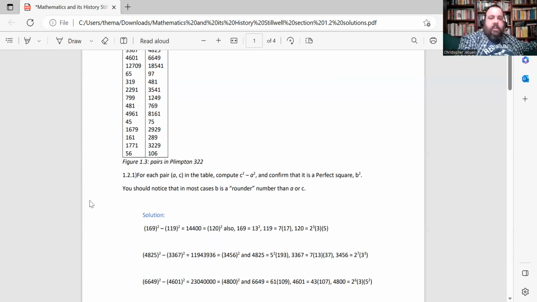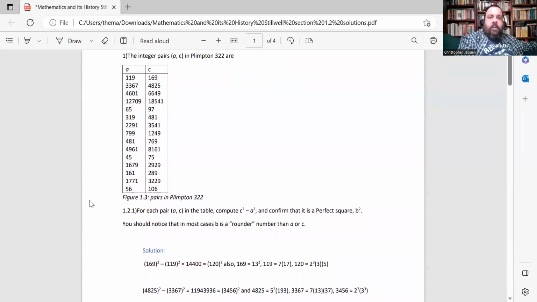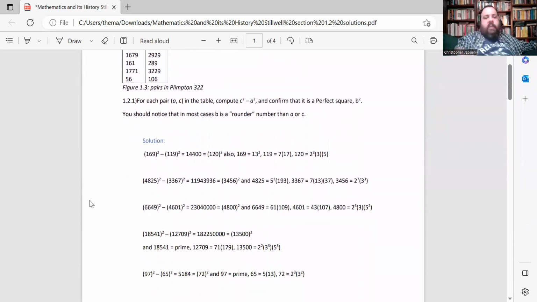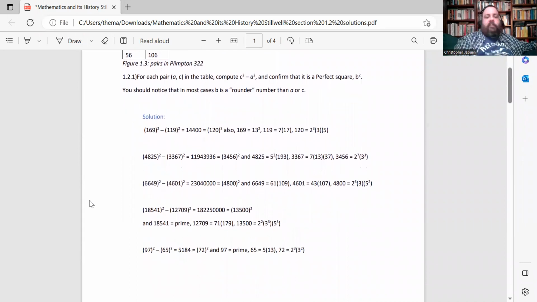To calculate b, you take c squared minus a squared, and I did that for all the numbers in the Plimpton tablet. For example, for the first pair, 169 squared minus 119 squared is 14,400, which is a perfect square. It's 120 squared.